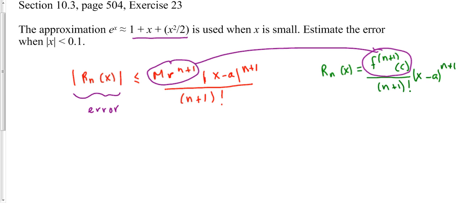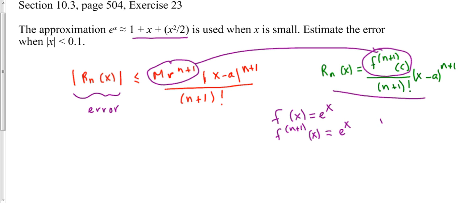Well, let's start out by remembering that f of x is equal to e to the x, and that in my equation I'm interested in the n plus 1 order derivative of f of x. One of the great things about e to the x is that it is its own derivative, and no matter how many times I take the derivative, I'm still just going to get e to the x.